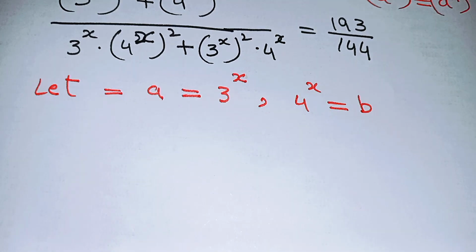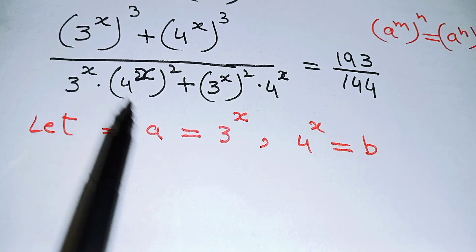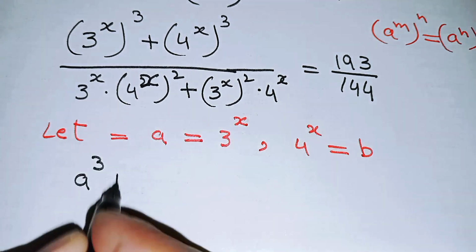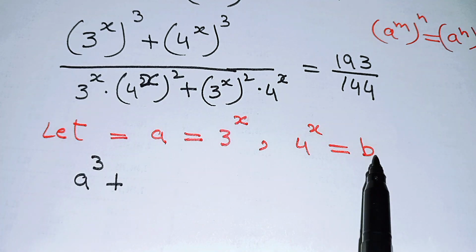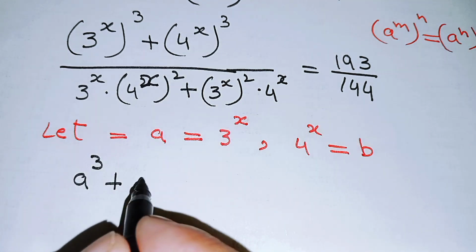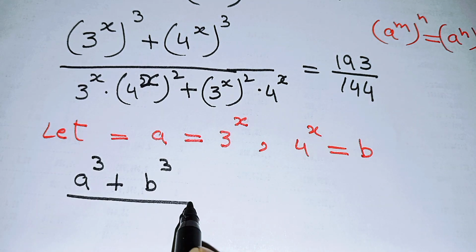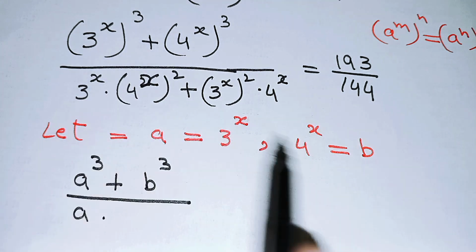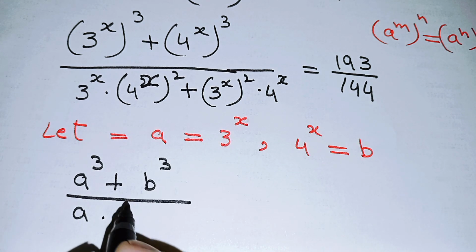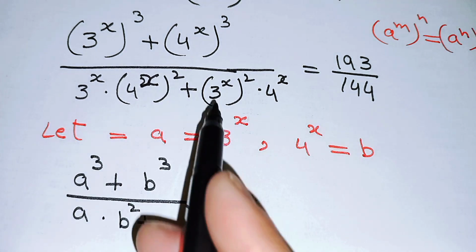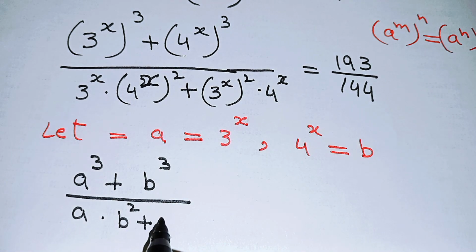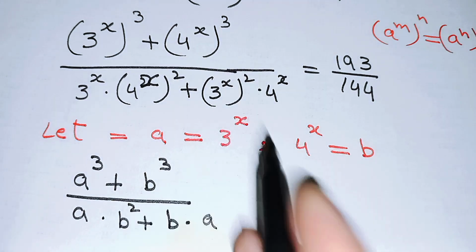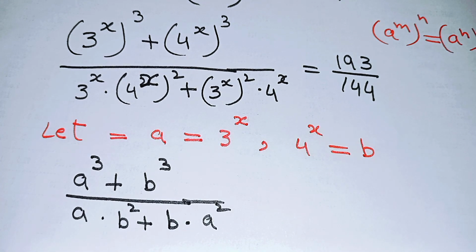Now 3^x is a, so it can be written as a cubed, plus b cubed, and then over a times b squared, plus b times a squared.